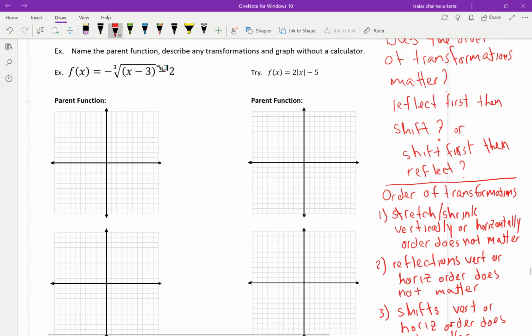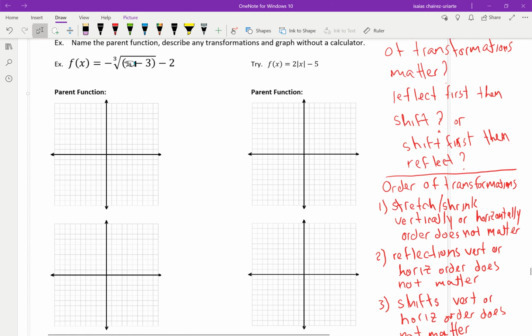We were given functions. We are supposed to name the parent function and graph it, describe the transformations, and graph the function without a calculator. I'll give you the opportunity to try this on your own.